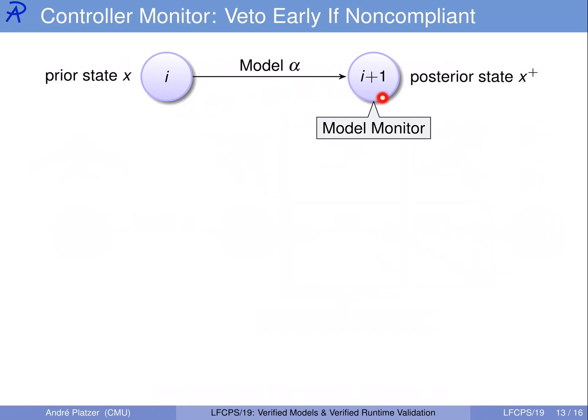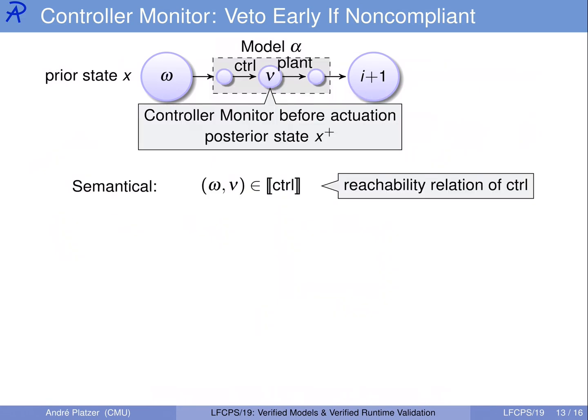You go from an old state to a new state with a model monitor, which now we understand is often composed of first running a control and then a plant. And already after the control, can you check the real controller's execution from an old state omega to a new state nu? Is that compatible with one of the behaviors that the control model allowed?